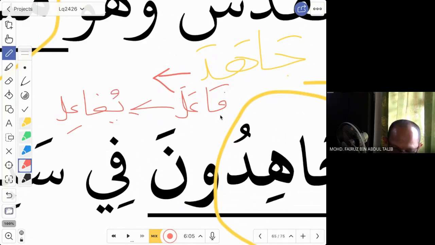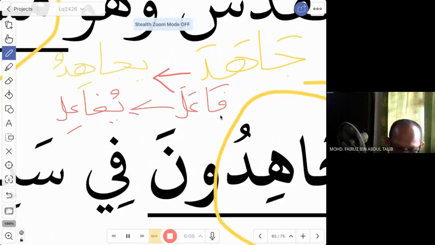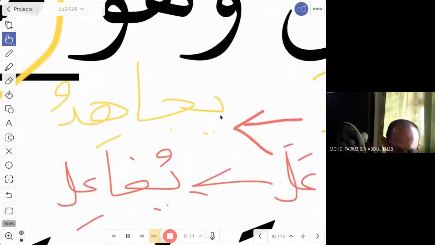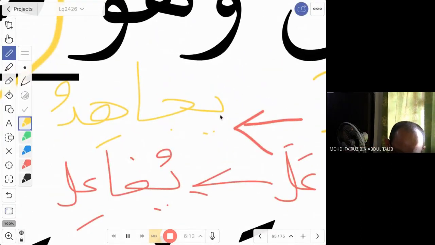So from jahada, it becomes yujahidu. So now we have the mudari. Next we can change to the isim fa'il. The first letter we change from ya to a mim.